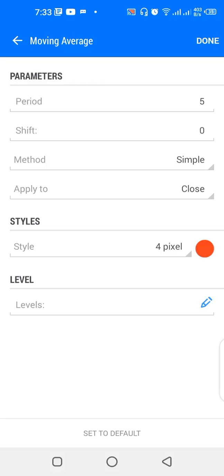Above the red line, we look for 3 bullish bars to buy. And below the red line, we look for 3 bearish bars to sell. That's how to use the 5 period simple moving average.